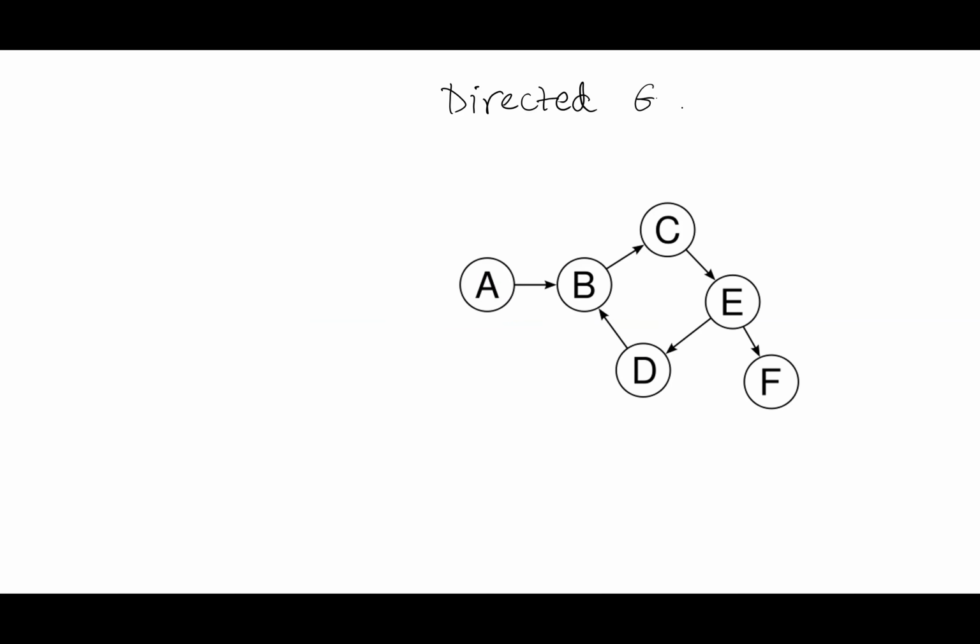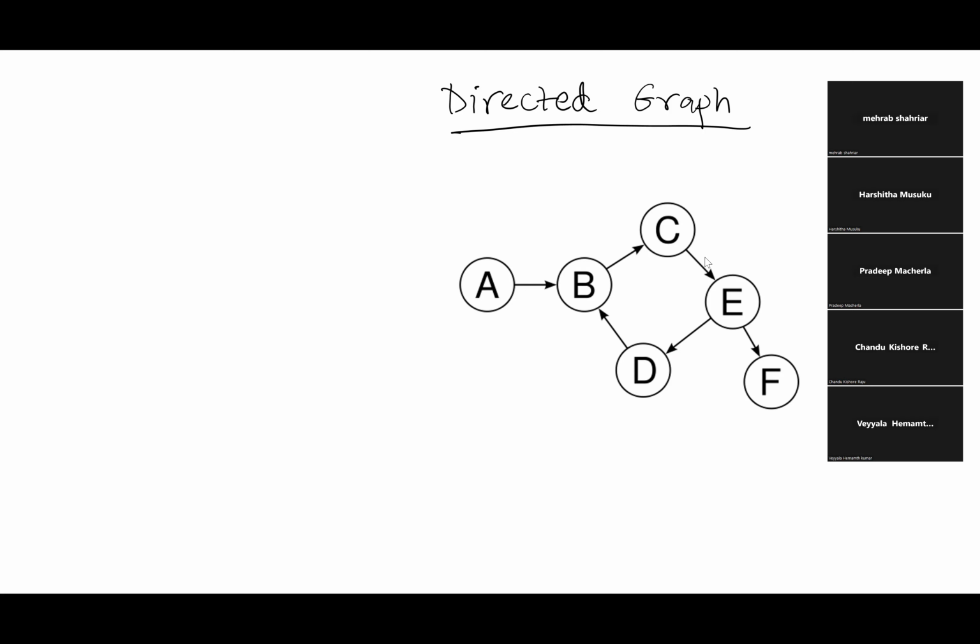So a directed graph, we see the vertices and then there are edges, but these edges have a particular direction. Okay, so you see between B and C, there is a directed edge, right?